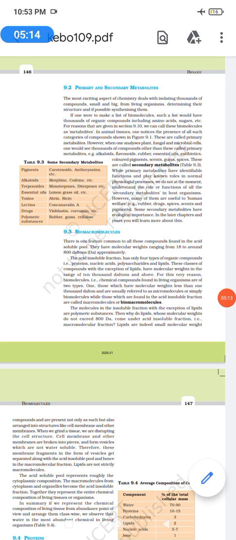These are the primary metabolites. But there are also secondary metabolites like morphine, gluten, and ricin. They are produced by plants but not utilized by them; they are utilized by human beings, so they are known as secondary metabolites. Primary metabolites have identifiable functions and play an important role in normal physiological processes, while the role and functions of secondary metabolites in the host organism are still being understood.